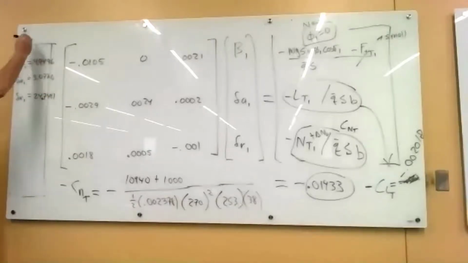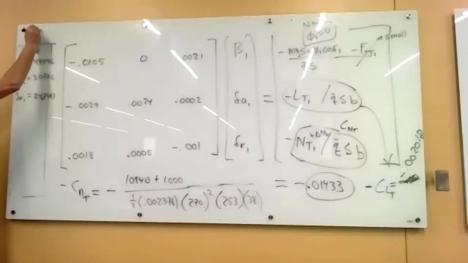This is from MATLAB. You guys all know how to solve a matrix in MATLAB or Maple, right? So you plug the matrix in, you plug the right-hand side in, and you tell it to solve it.